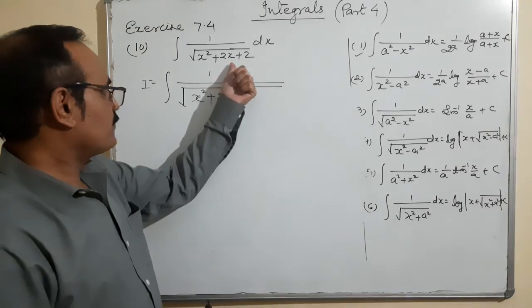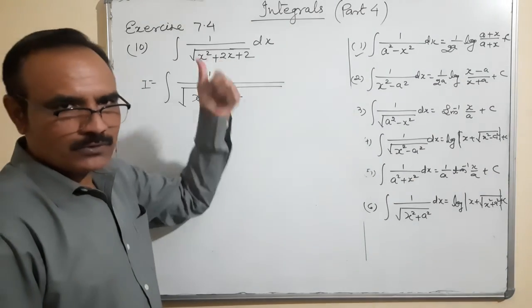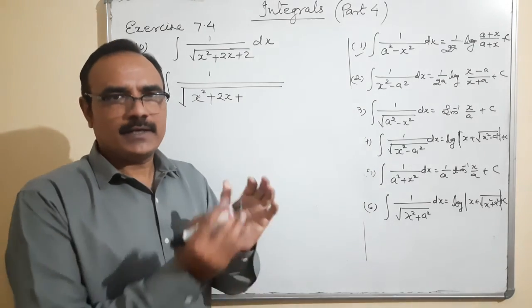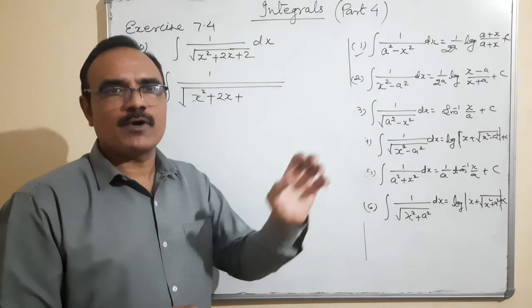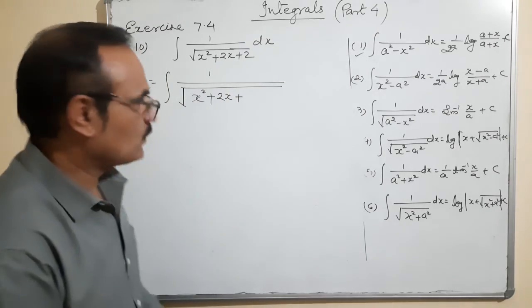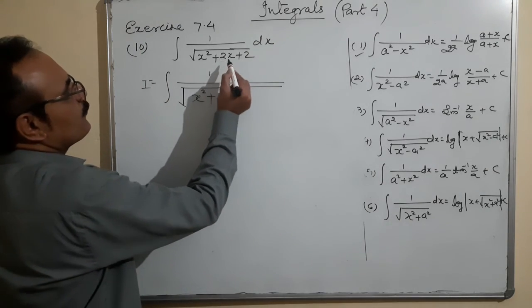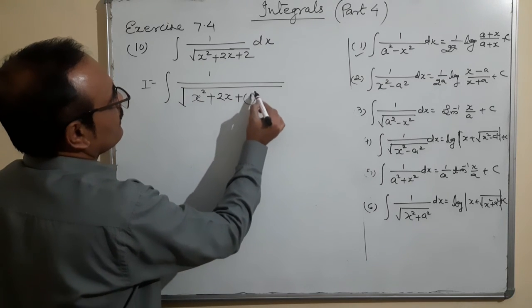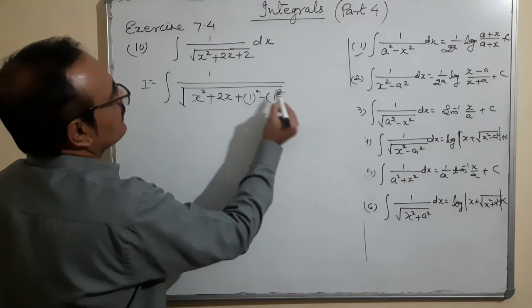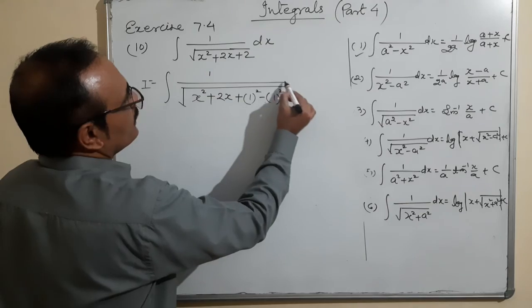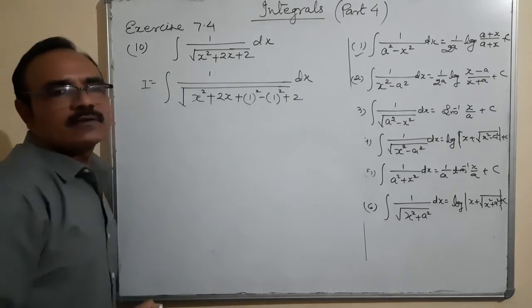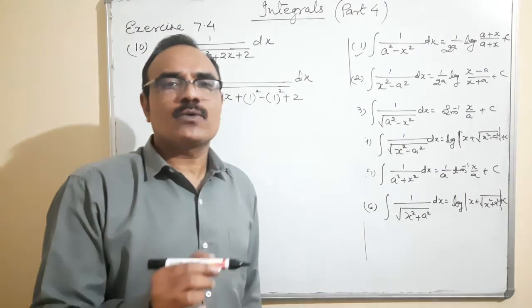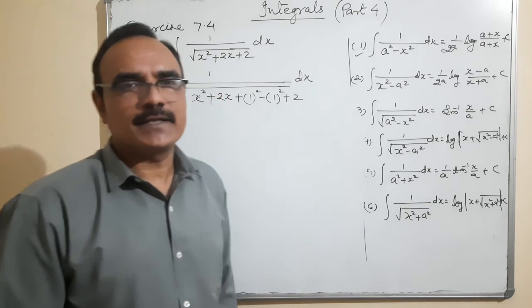Coefficient of x is 2, divided by 2, it comes to 1. Its whole square will be added and the same amount will be subtracted. So x square plus 2x plus 1 square minus 1 square plus 2.